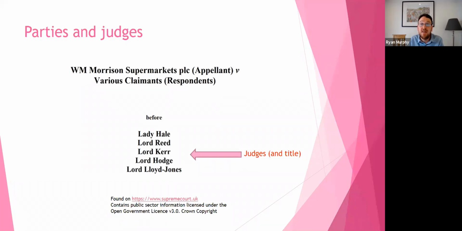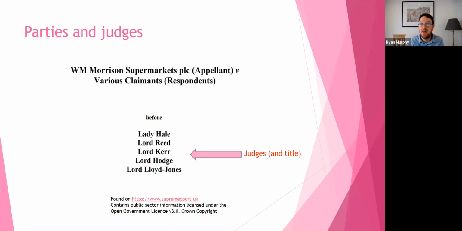But you might see things like Mr. Justice. You might, at lower down the court hierarchy, you might see Lord Justice. You might see, if someone is Master of the Rolls, that would be indicated if someone was the Chancellor of the High Court. You can see that the judges and their judicial title will appear.